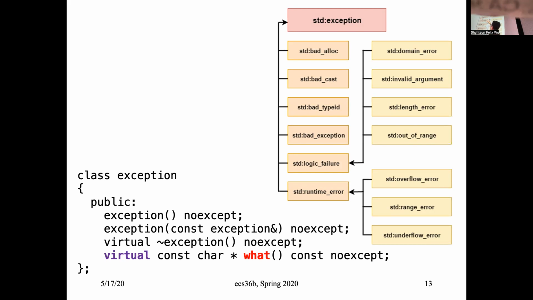And then there's bad cast, bad typeid, bad exception, logic failure, and a bunch of other things. So that's all kinds of possible standard exceptions that can be generated from the system. And you will see later that we define other exceptions inheriting from the std exception, for example, a JSON RPC exception or the ecs36b exception. They are all derived classes from that as well.